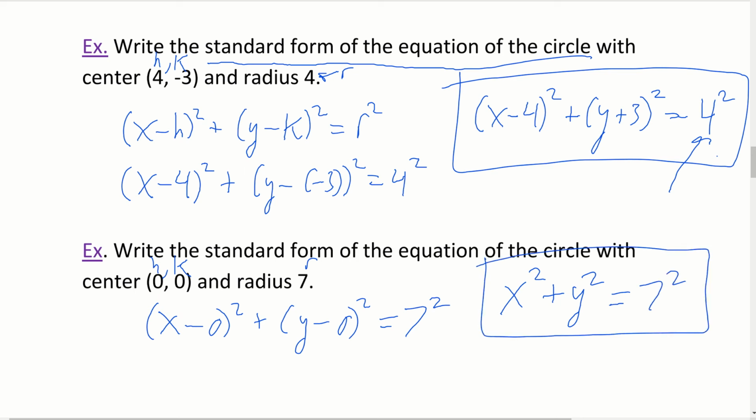And that would be the standard form of that circle, the circle which has a radius of 7 and center 0, 0.